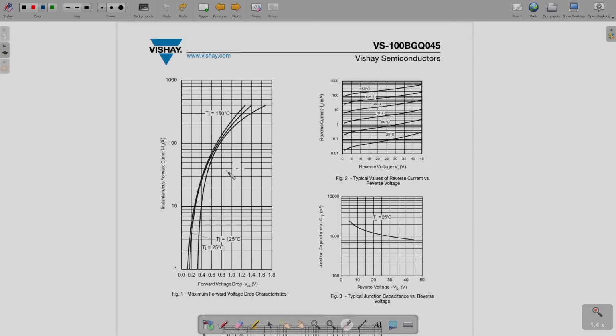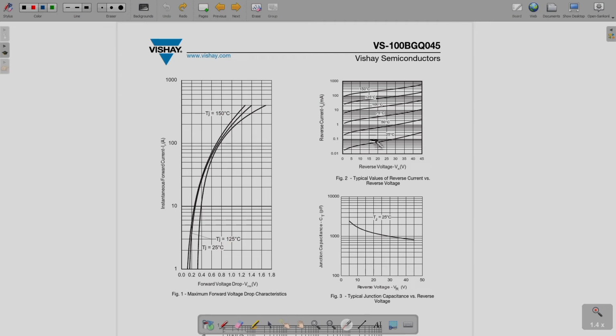Then further you see this maximum forward voltage drop characteristics. You can see here from where the forward voltage drop begins when your current is lesser, and as the current increases, how the forward voltage drop also increases, and it is provided for 3 different temperatures.